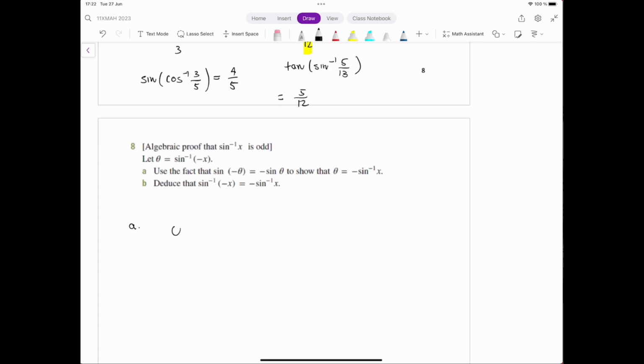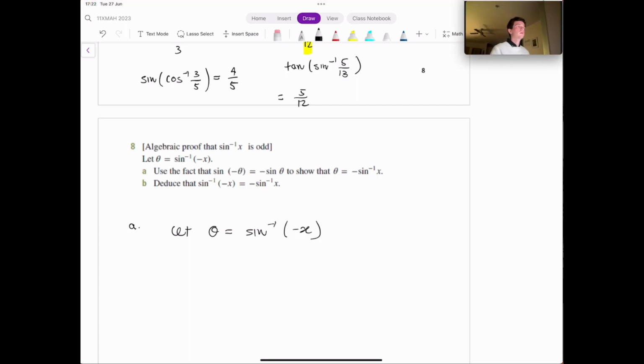So if we let theta be equal to sine inverse of minus x, well, that would imply, flipping it back the other way, that sine of theta equals minus x, which would make x equal to minus sine of theta.